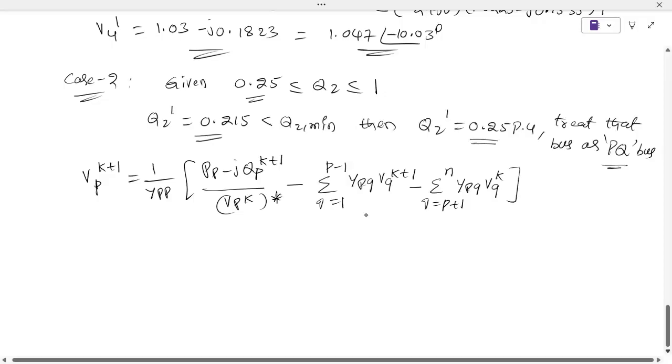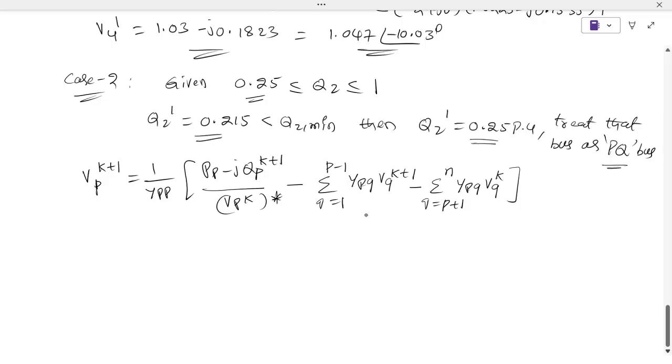Here we may get one doubt: for this we are writing Qp(k+1), because we have already calculated this Q value at iteration 1, k plus 1 is 0 plus 1, and we are considering that value here. That's why I am writing Qp(k+1). Don't be confused.